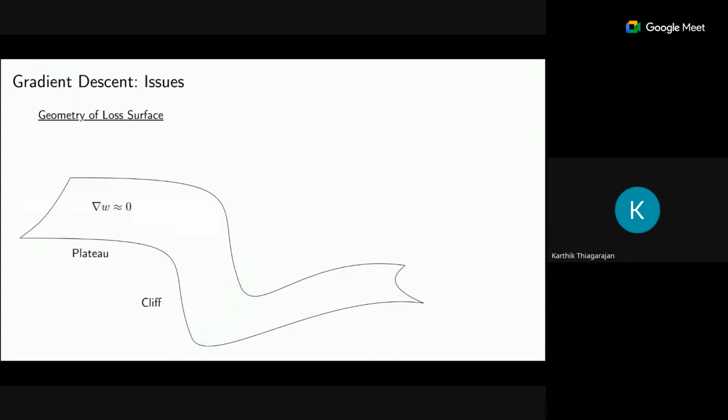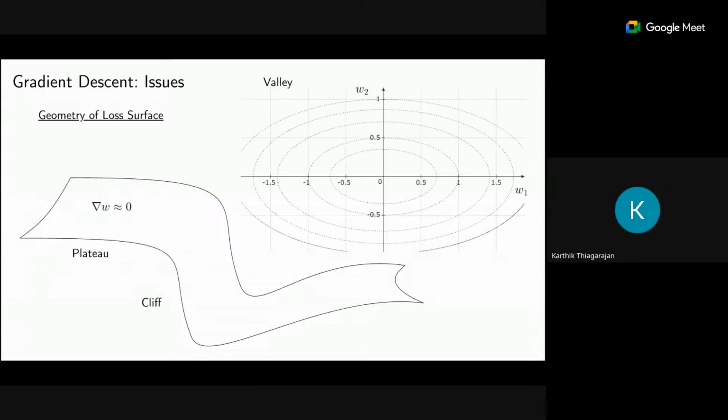So the issue of having a plateau is something we'll have to deal with. That is one geometric defect. The second one is what's called the valley. If you zoom in onto this region, whatever we have been seeing so far, they are called valleys. What is the problem with valleys? You have this problem of oscillations.